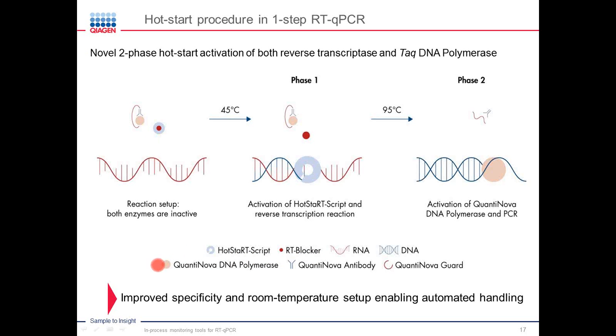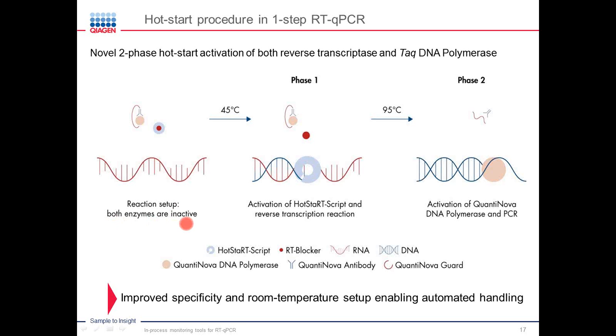Likewise, also, of course, our PCR Taq polymerase is being inactivated by an antibody and by a second component, which we call the QuantiNova guard, which really makes the inactivation extremely stringent.